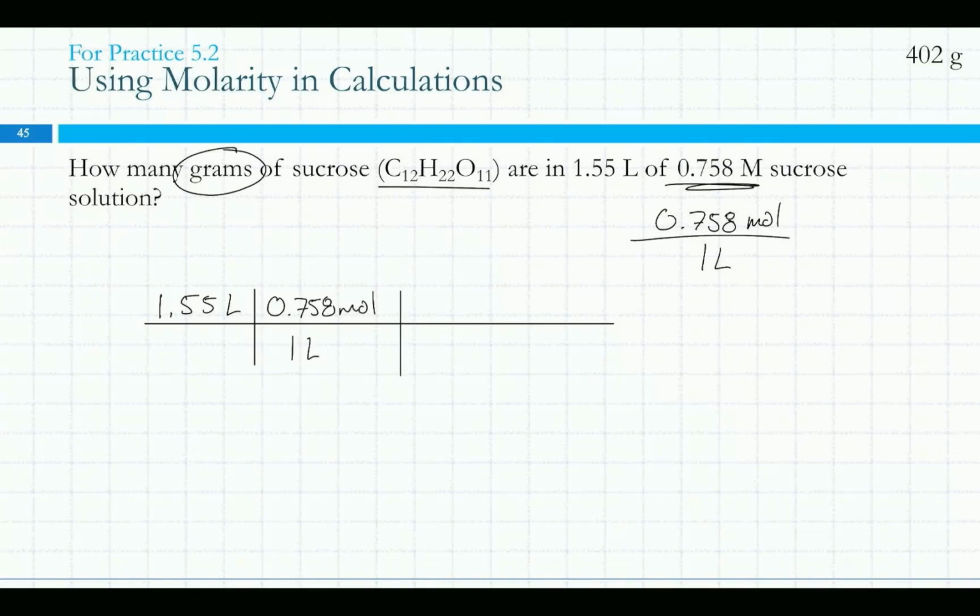That will calculate the moles, and then the molar mass of sucrose is 342.34 grams per 1 mole.